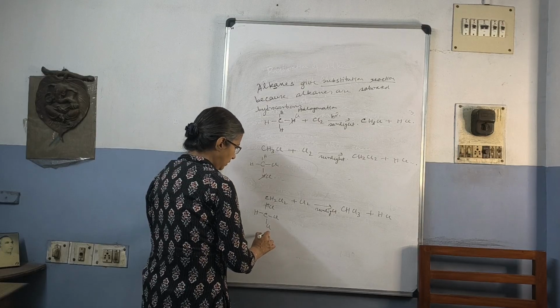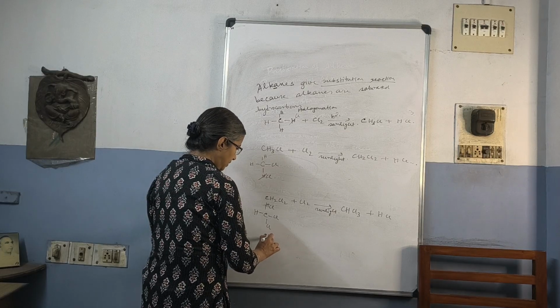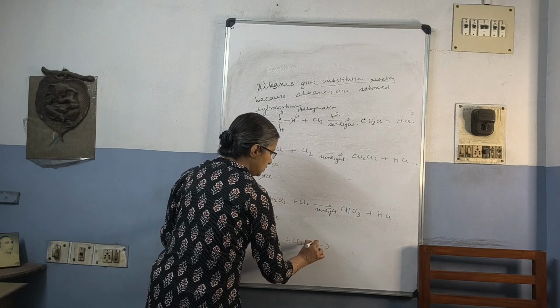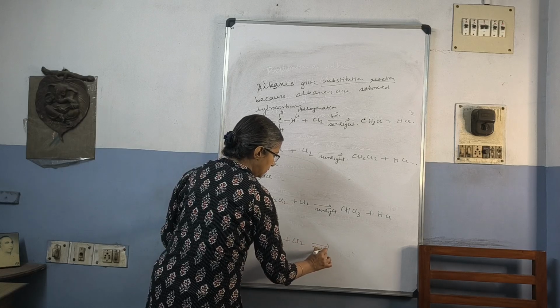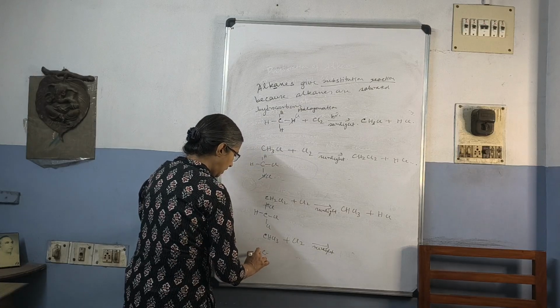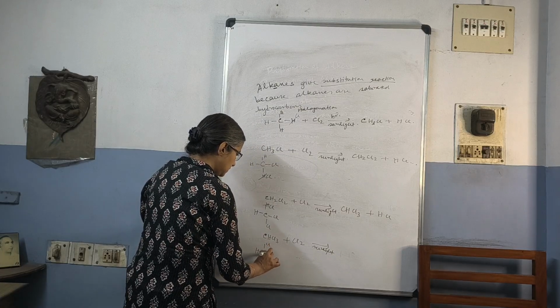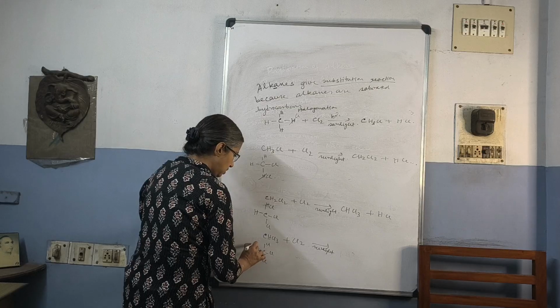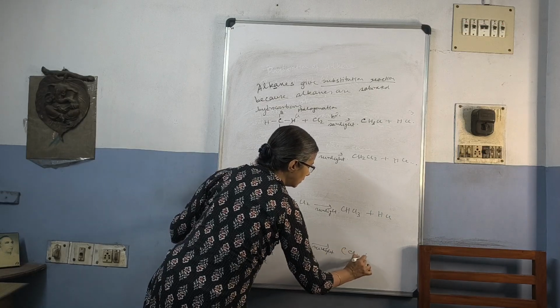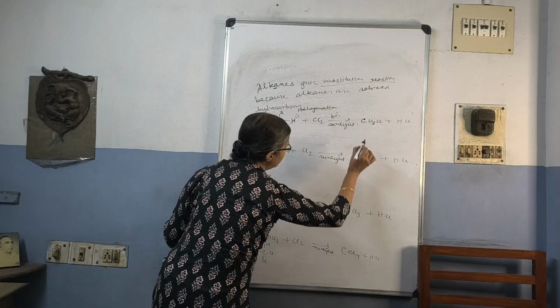And the final one, CHCl3 plus Cl2, sunlight. It will again give another, the last hydrogen will be substituted, that is CCl4.